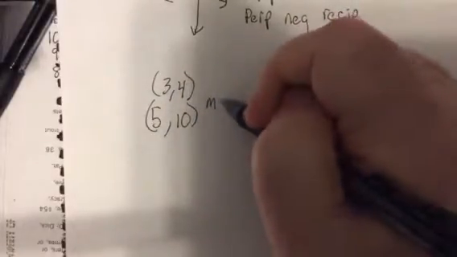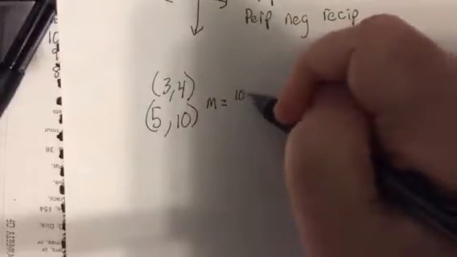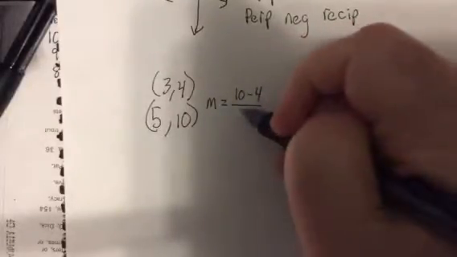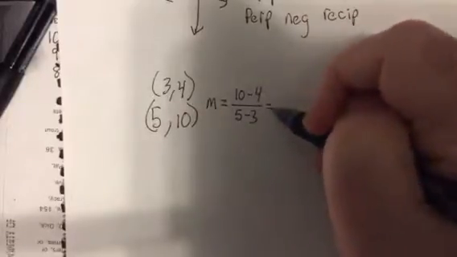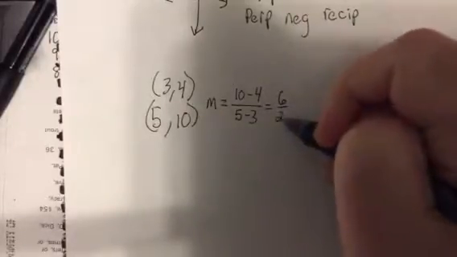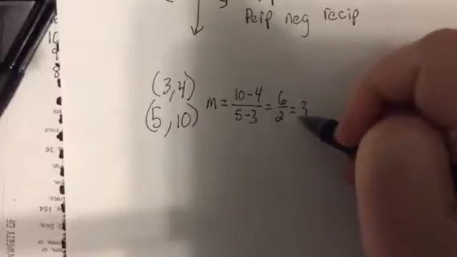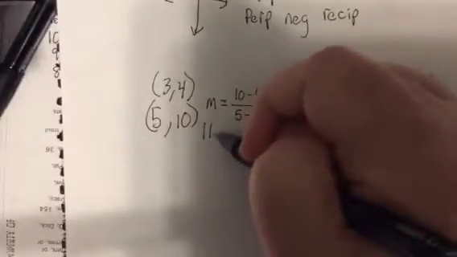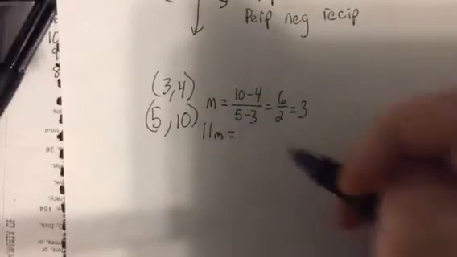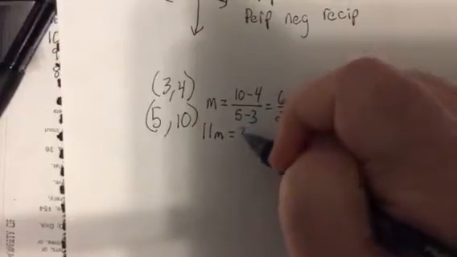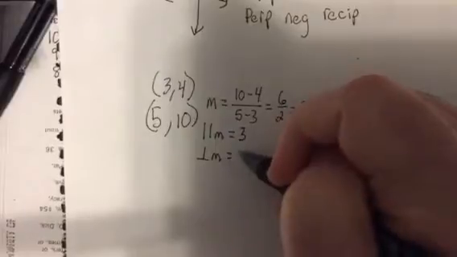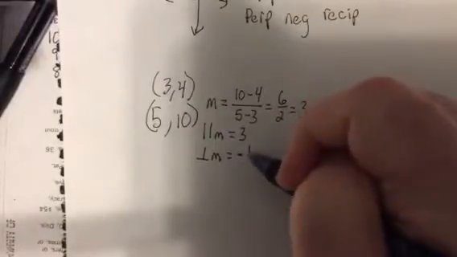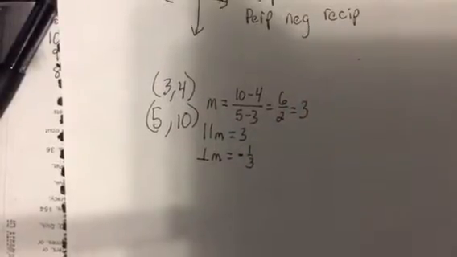The slope of two points is change in y over change in x. So it'd be 6 over 2, which is 3. So you'd say, well, I already know the parallel slope, Mr. Murphy. It's the same. Yes. But the perpendicular slope is the negative. Take the opposite and flip it.